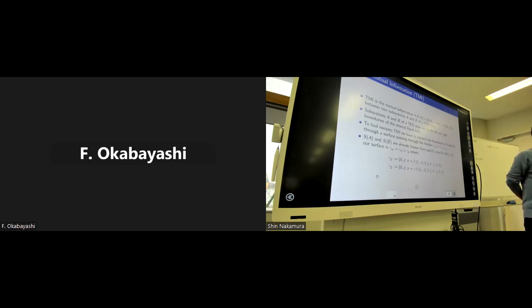S_A plus S_B minus S_AB. But if they have some communication or some interaction between them, then that quantity cannot be 0. So this is how that function measures how these two things are talking to each other.